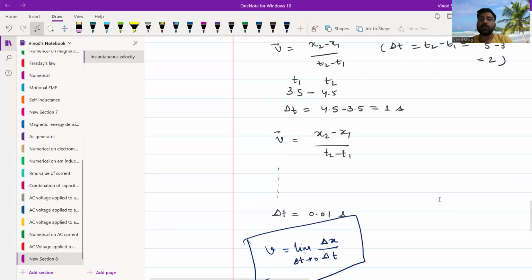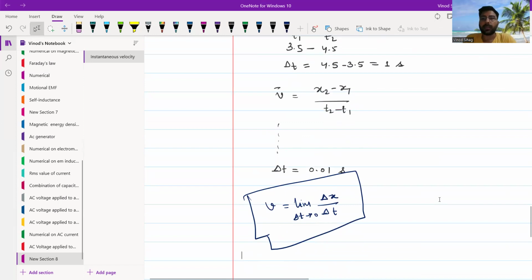I suggest you use the numerical method whenever you are dealing with instantaneous velocity. Use only the numerical method. It is way easier than the graphical method, because in the numerical method you differentiate the position of the given object or particle which is moving. If the position of the object is given as a function of time, then definitely you should use the numerical method.